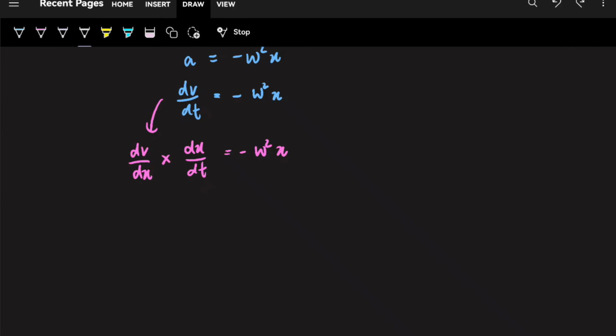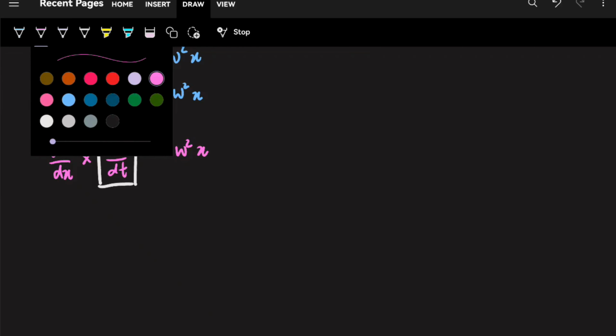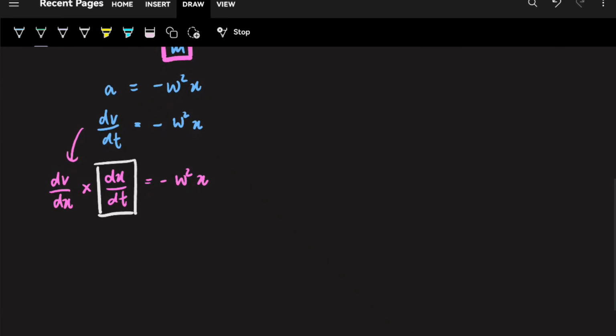So dx/dt, the one I just boxed, is your velocity, because if dv/dt is acceleration, dx/dt should be your velocity. If you're confused, we have x displacement, v velocity, a acceleration. Differentiate x, you get velocity. Differentiate velocity, you get acceleration.